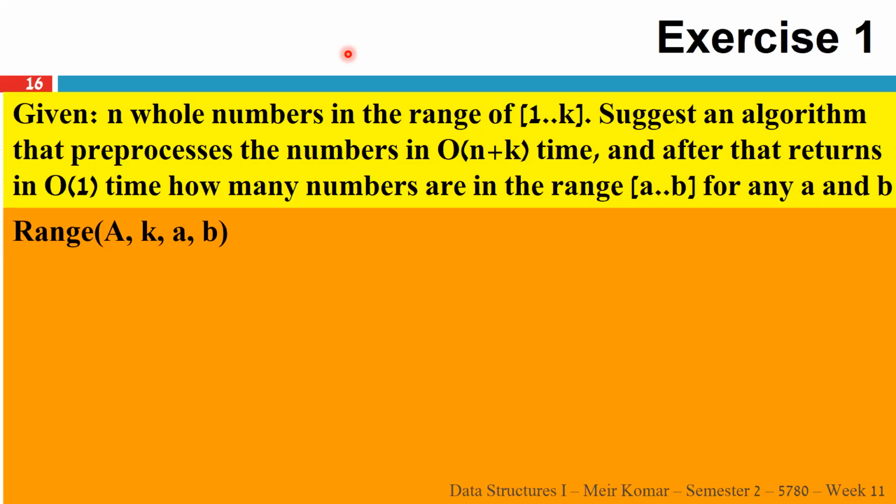Can I suggest something? Please. Using counting sort, and you save the middle array where you save the counting numbers, so when you search, you know where each number starts and where it finishes.